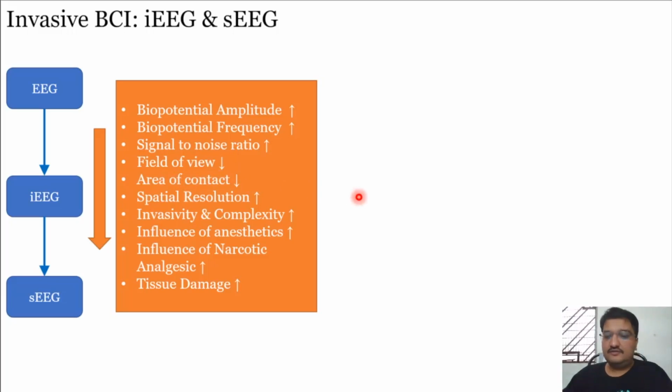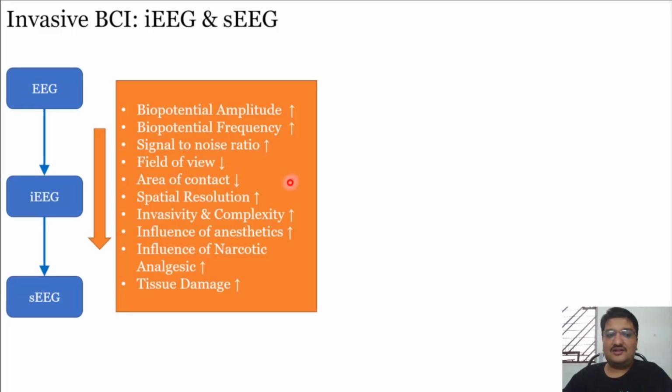Whenever you go from your scalp deep inside your brain, there are a lot of cortical columns, and you have to consider brain anatomy while placing the electrode. So the cross section or patch of the electrode will get reduced. Additionally, the region or site of observation will get reduced as well.